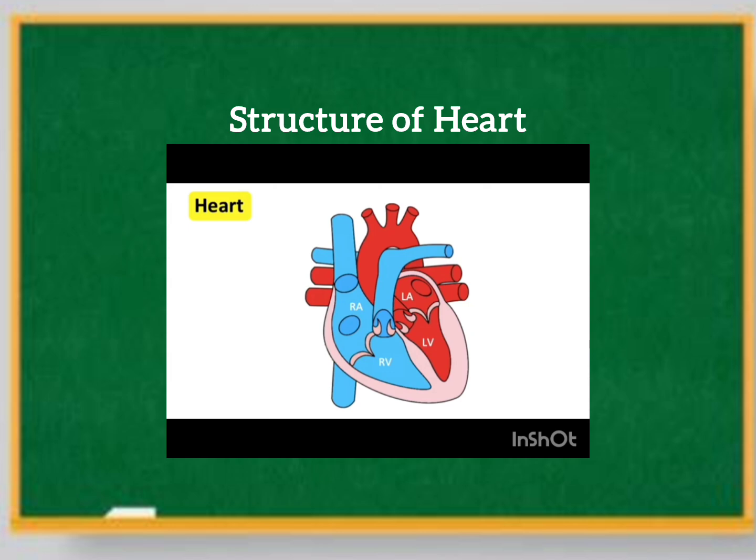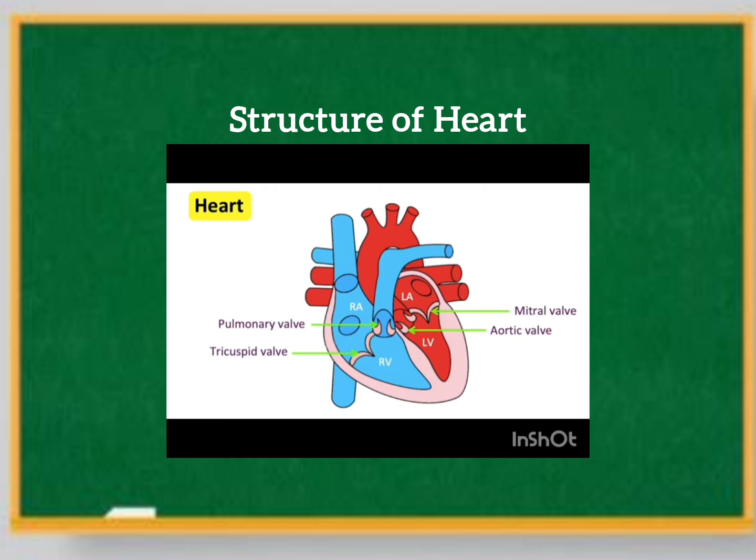These are like little doors which only open one way. This ensures that the blood flows in the right direction and doesn't flow backwards. Tricuspid and pulmonary valves are on the right. The mitral and aortic valves are on the left.